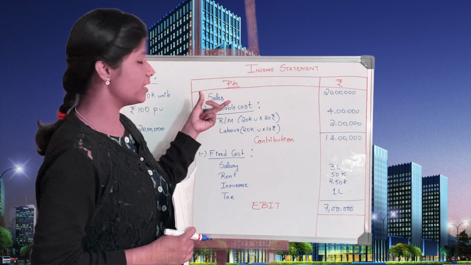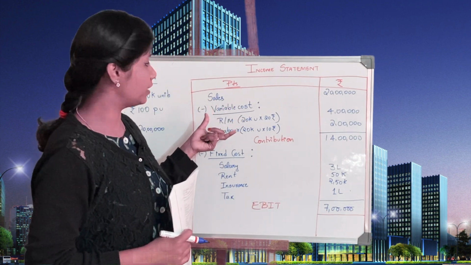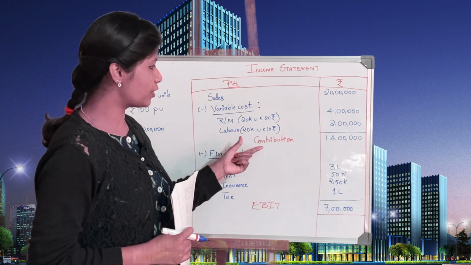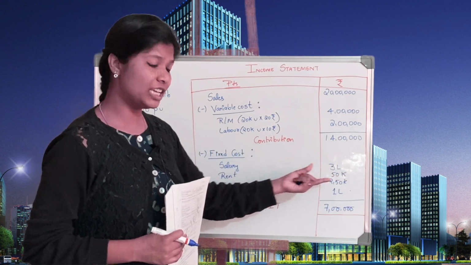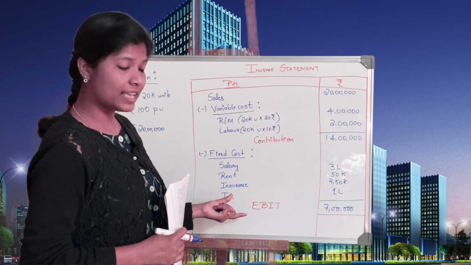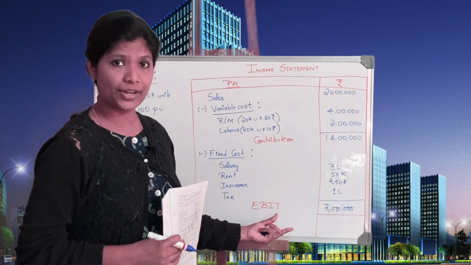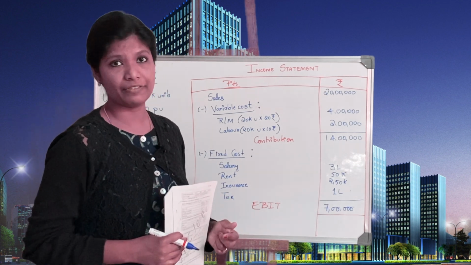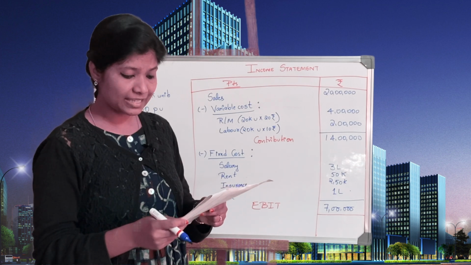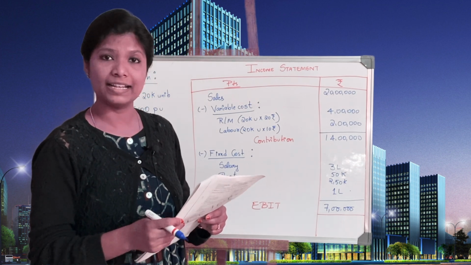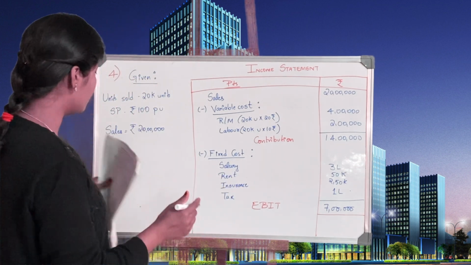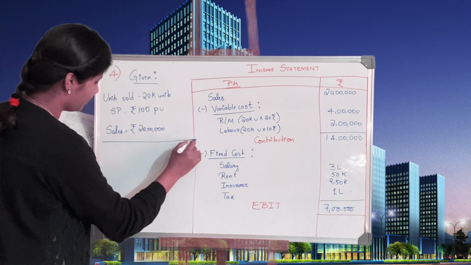Okay, so we considered the sales, we deducted the variable costs, we arrived at contribution of rupees 14 lakh, we deducted all the fixed costs, and we arrived at earnings before interest and tax of rupees 7 lakh. The question is asking us to calculate operating leverage. We can write it here.